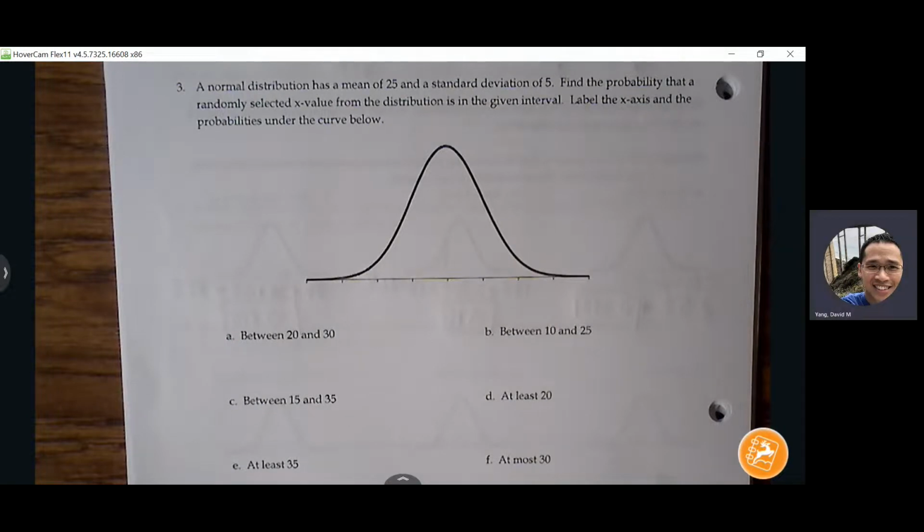Okay, let's go to page 16, and we're just going to look at number 3. Okay, page 16, number 3. Any questions?